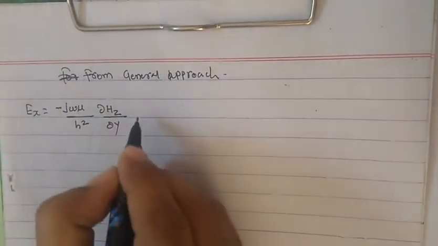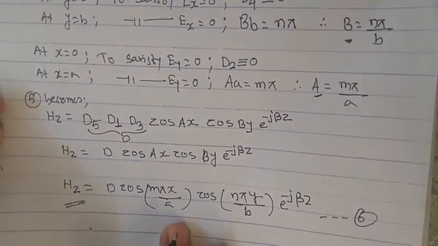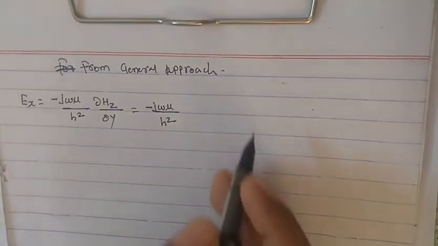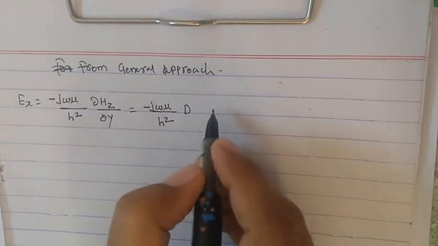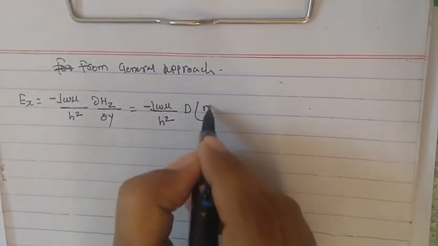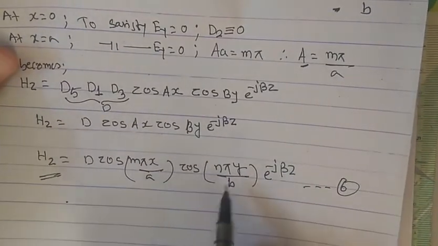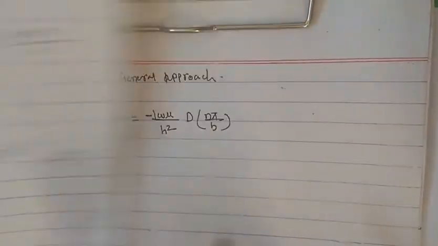So this will be minus j omega mu upon h square, and differentiation of this Hz with respect to y. So this will be d n pi by b. This is with respect to y, so constant n pi by b will be taken, and cos will give minus sign, so minus minus I will be writing plus here.